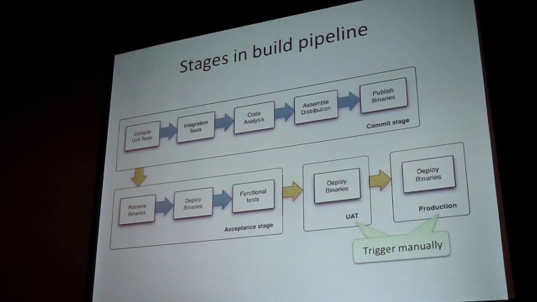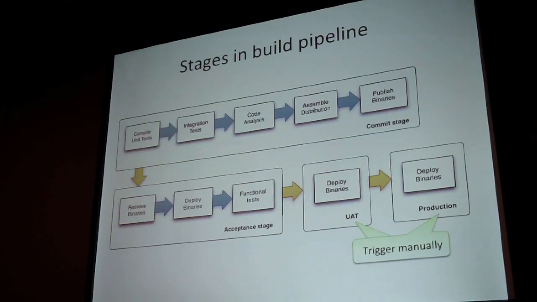And then at some point you say, well, the QA team is ready to test our application. There are two more environments that we want to deploy to. So there's a UAT environment and a production environment. And of course, we want to deploy the artifacts there as well. In this case, our WAR file. What's different from the other phases is that you want to trigger this manually.